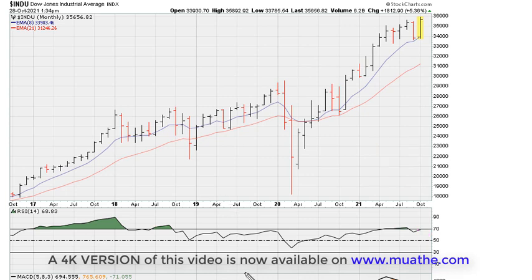But for us to really appreciate the potential for downside action, the Dow would have to give up the breakout above 35,360.73.